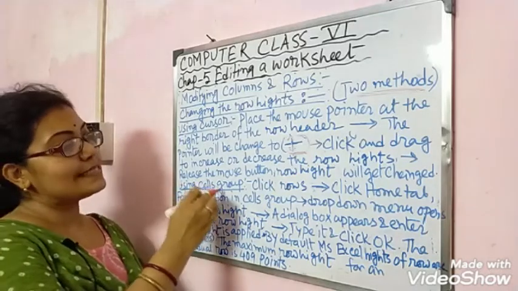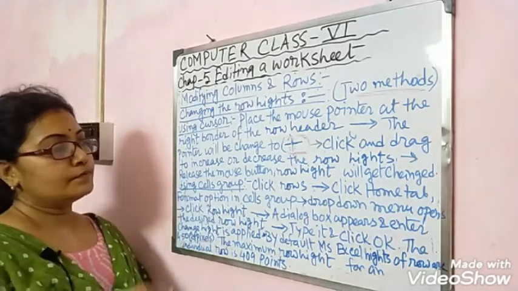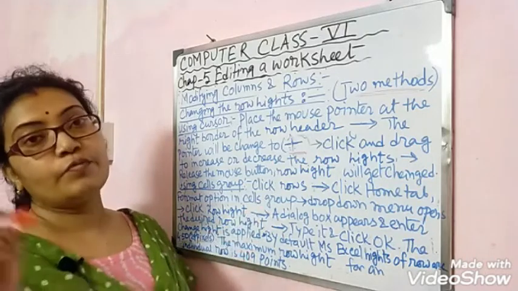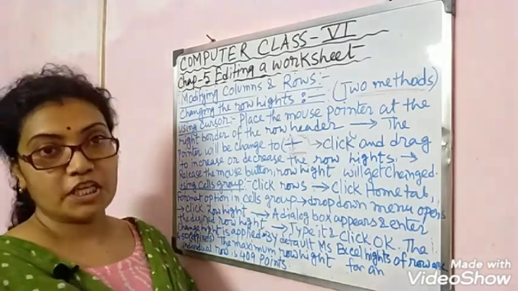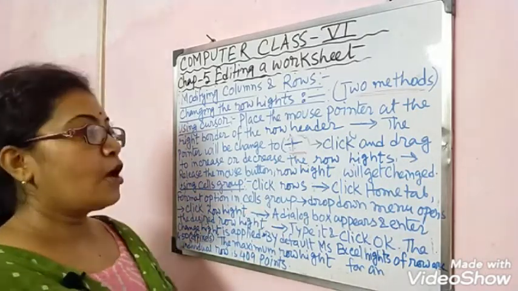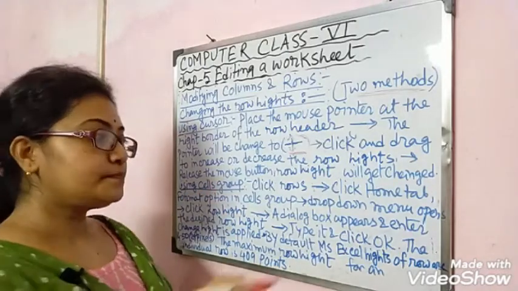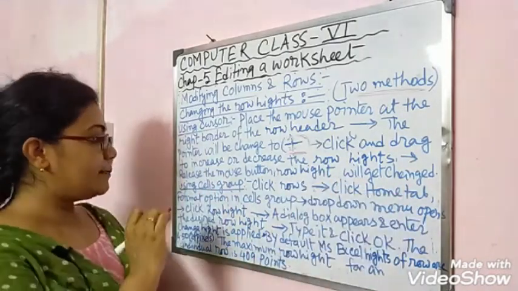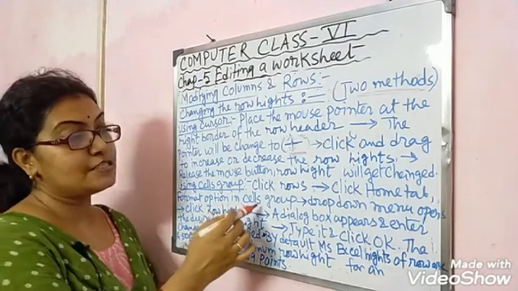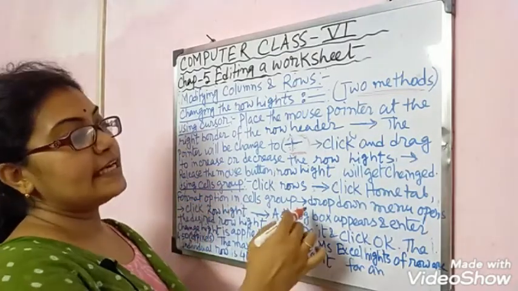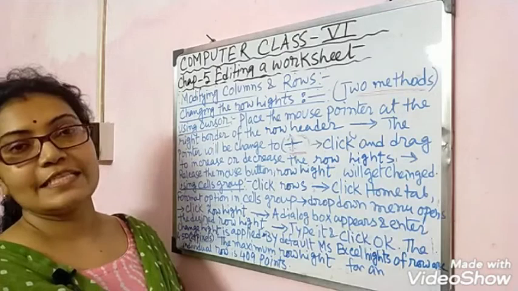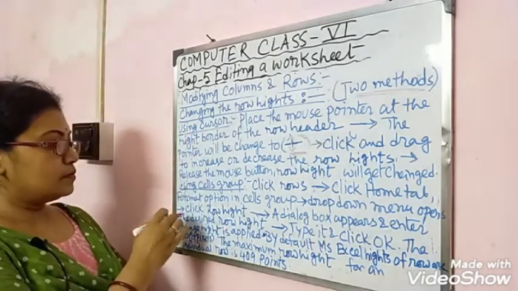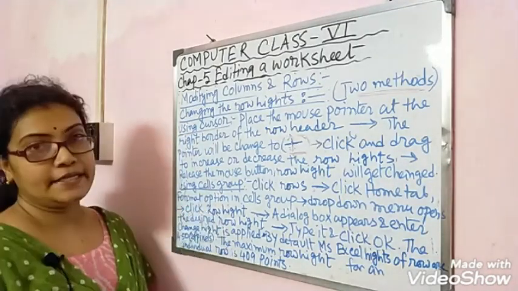Next, using the Cells group. Select the row or rows which you want to modify. Then click the Home tab, then Format option in the Cells group. A drop down menu opens in front of you. Then click Row Height.